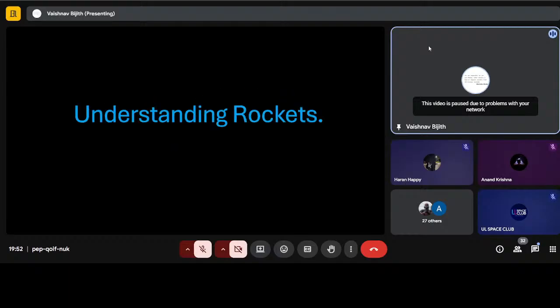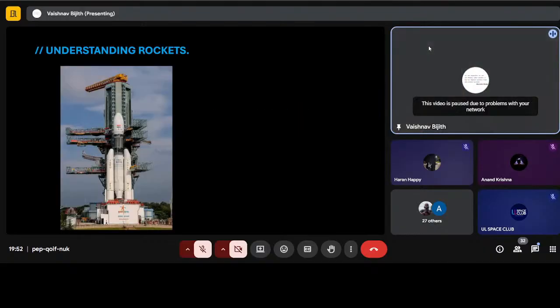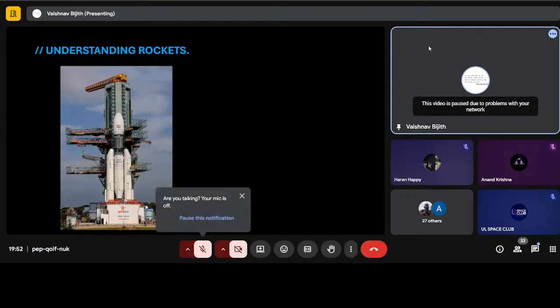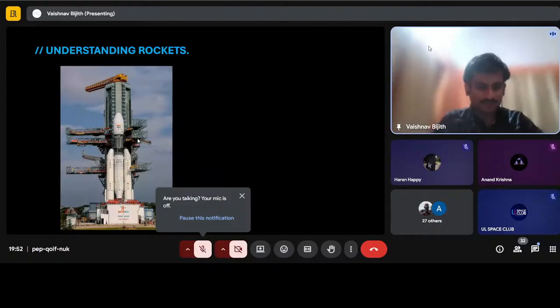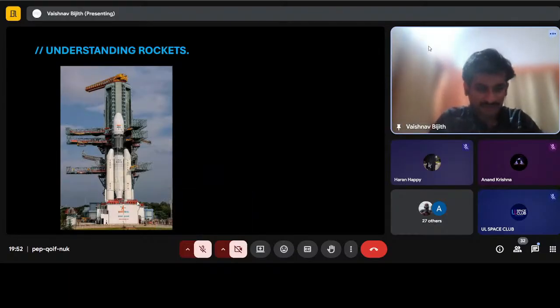Let me start with a question here. We can see the image of a GSLV, which is a type of rocket developed by ISRO, situated on a launch pad.